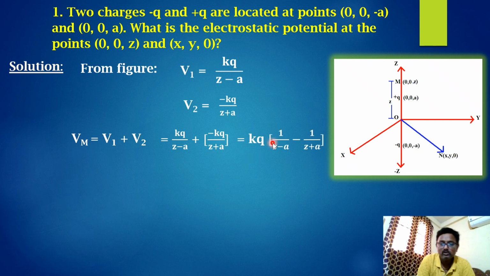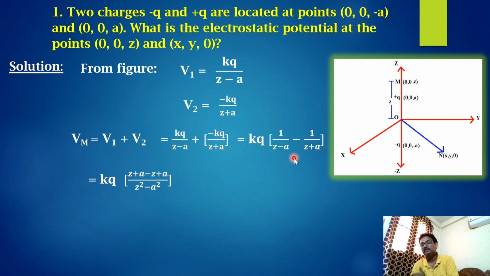Then KQ I write outside, commonly. Inside the bracket there will be 1 by Z minus A minus 1 by Z plus A. So in the denominator we have Z minus A into Z plus A. Their LCM, that is A minus B into A plus B, A square minus B square, that is Z square minus A square.